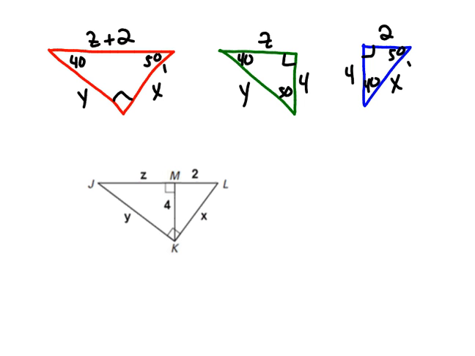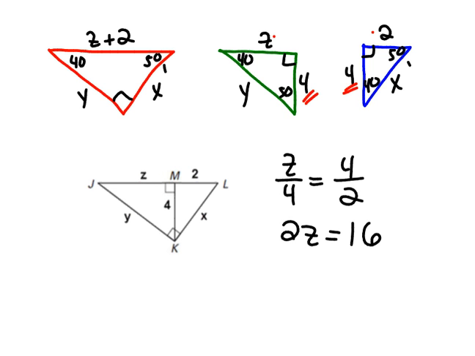And this is 4. So we'll start off again with the middle one and the small one, where those are our two similar sides, and we'll be using the z and the 2. When we solve this, we get z over 4 equals 4 over 2. So 2z equals 16. We get z equals 8.